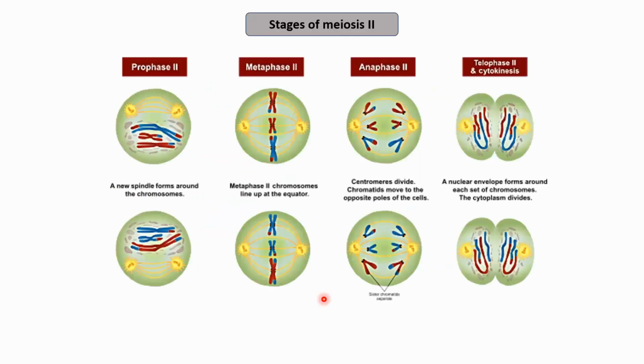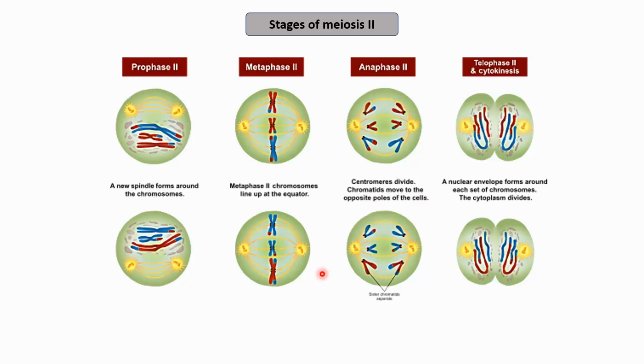So the different stages of meiosis 2 involve prophase 2, where a new spindle is formed around the chromosomes. At metaphase 2, the chromosomes line up at the equator in a metaphase plate. After this, the centromeres divide and chromatids move towards the opposite poles of the cell. Therefore, the separation of the sister chromatids happens at the anaphase 2 stage.